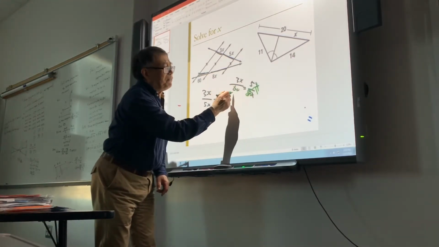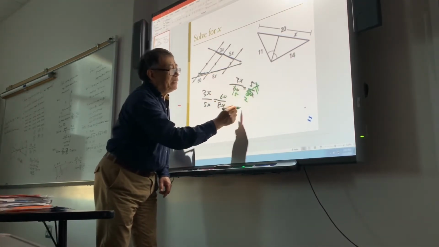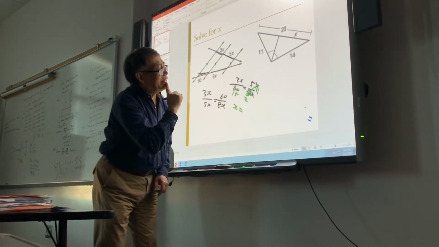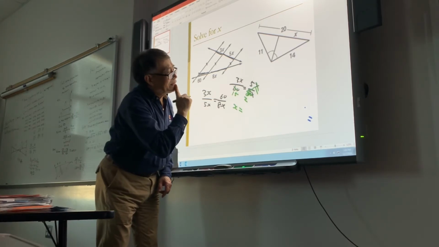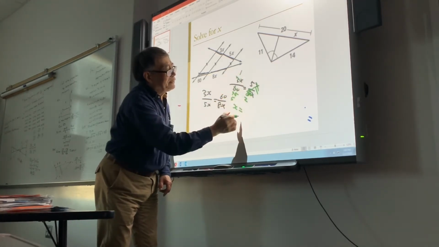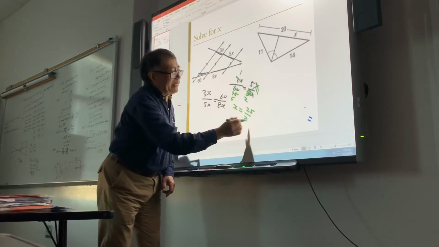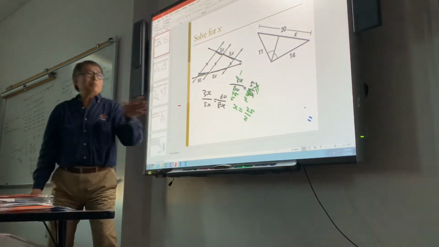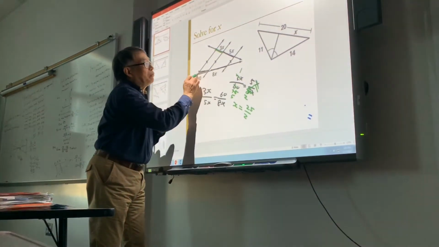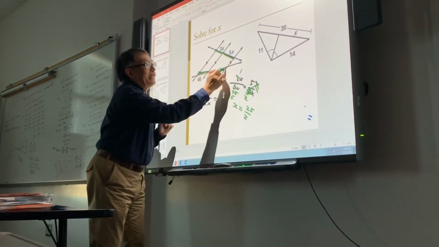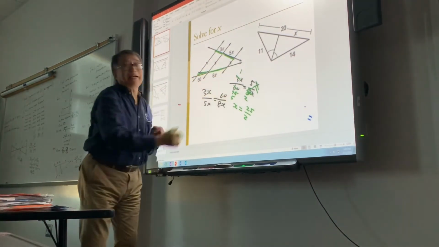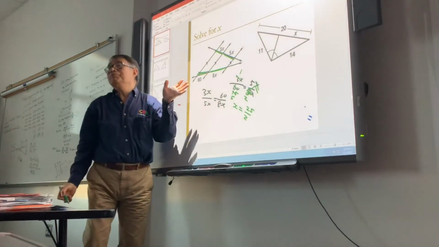Then divided by 4, 15 is 2, so x is 25 over 2. Thank you. Okay, you can simplify. For this question, you can use 3x over 60 equals 5x over 8x, or 3x over 5x equals 60 over 8x. Same thing, exactly the same.